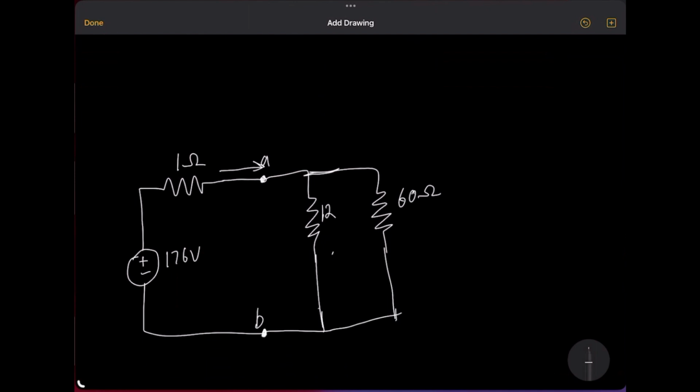It's going to be 11. 176 divided by 11. It's going to be 16 amps. Then we're going to define each current here and here. I1. To find I1, we're going to do 60 over 12 plus 60 times 16. Give us I1.